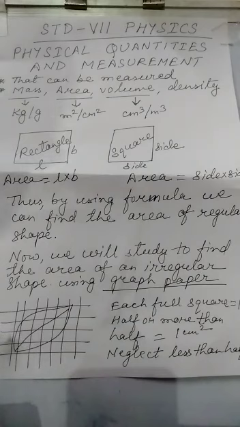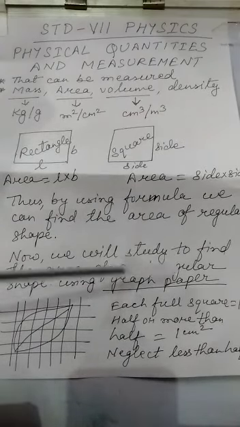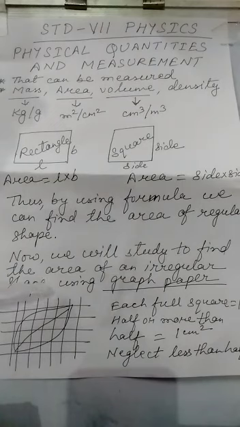We will neglect those less than half that are included inside the area enclosed by the leaf. Now the sum of the squares will give the area of the leaf. Thus, using this graph paper method, we can find out the area of an irregular shaped object as well.